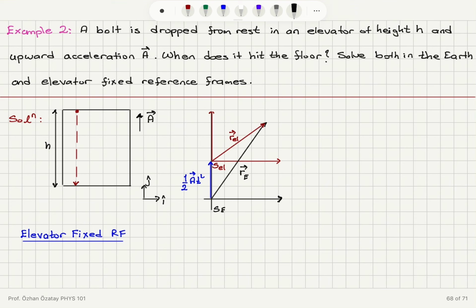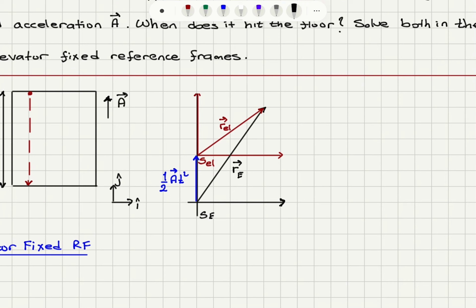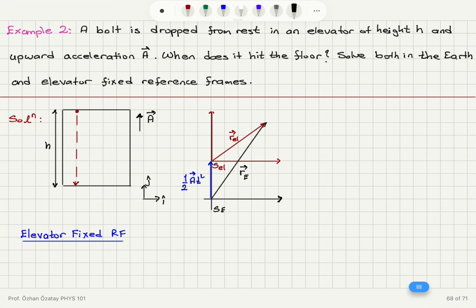Okay, so we have an Earth reference frame which is fixed, and the elevator reference frame that is accelerating with constant acceleration a in the upward direction. So you can see that it's in the plus j-hat direction, and as time goes by we have a separation between the origins of the elevator and Earth reference frames, 1/2 a t squared.